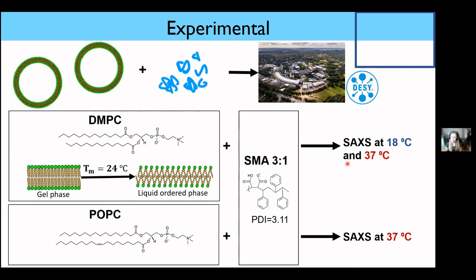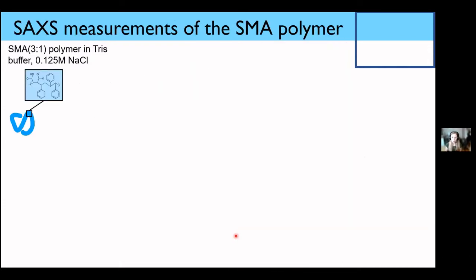So not the same one, but they were mixed at the same temperatures as they were measured. And then we had POPC mixtures only measured at 37, since POPC will anyway be above the melting point at all these temperatures.